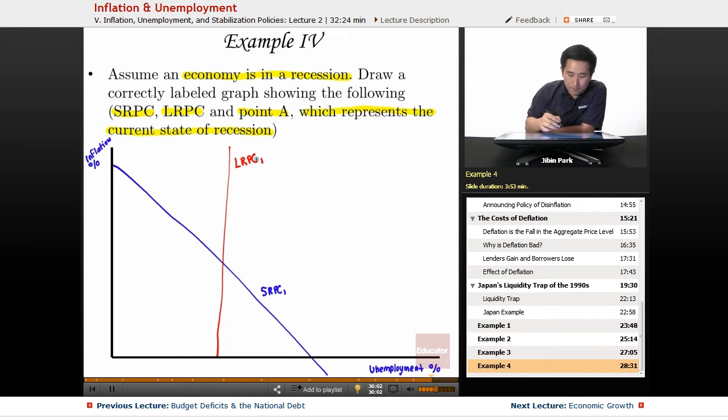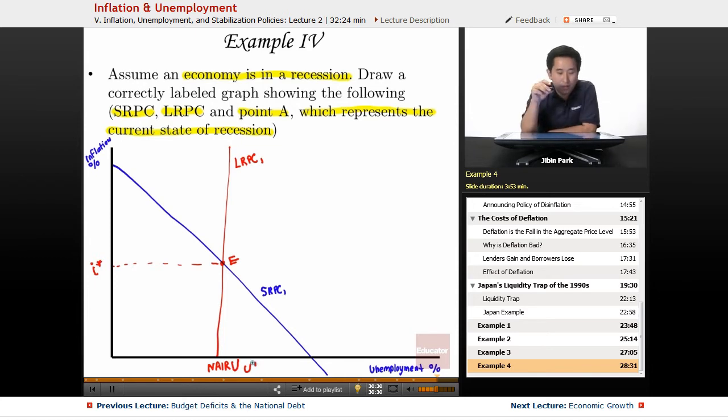Okay. Now again, this is the NAIRU, non-accelerating inflation rate of unemployment here. All right, so let's label this as E here, and let's label this as I star here, where it's in equilibrium here. NAIRU, let's label it as U1.